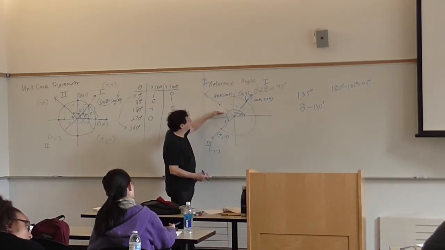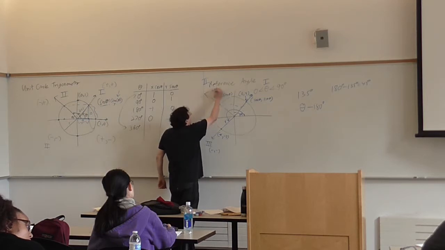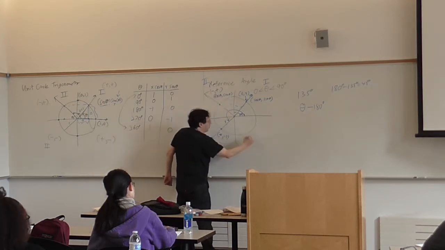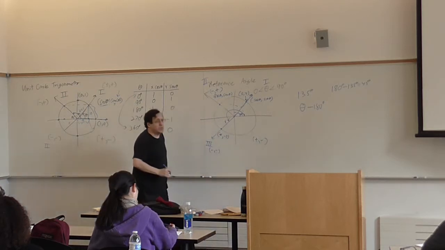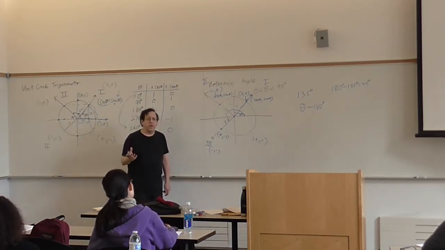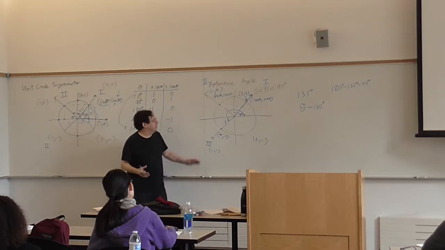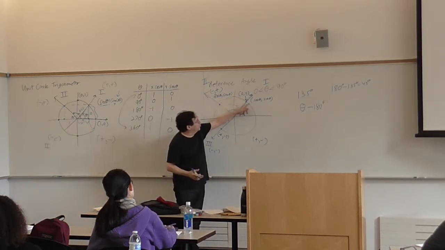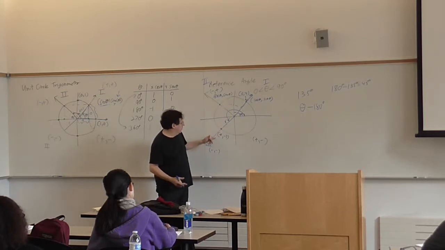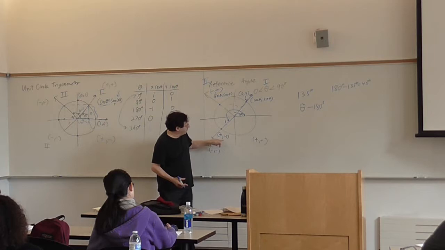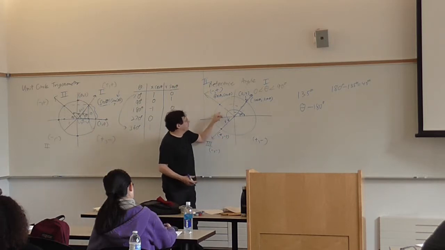All the points here are minus, plus. And all the points here are plus, minus. So what I'm doing by picking a reference angle is I'm picking an angle whose sine and cosine are positive, but whose value matches the absolute value in these other quadrants.